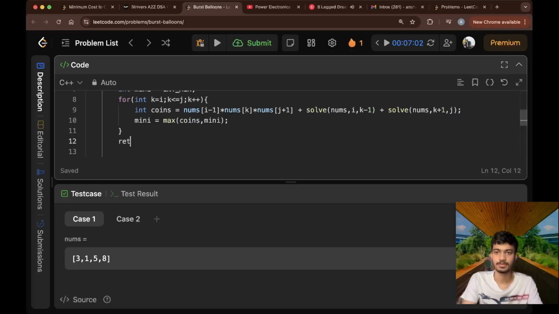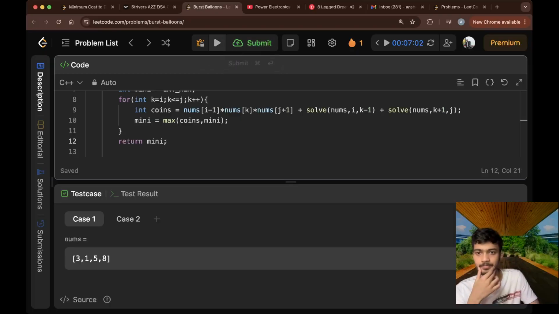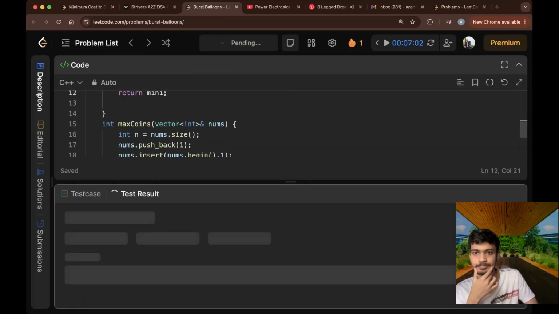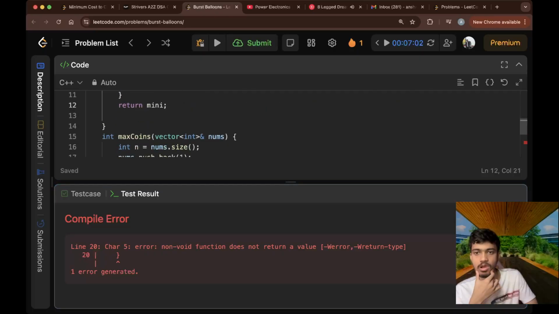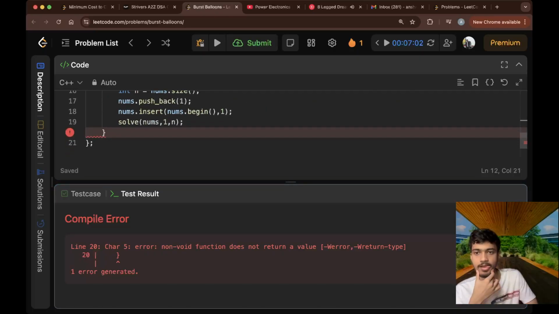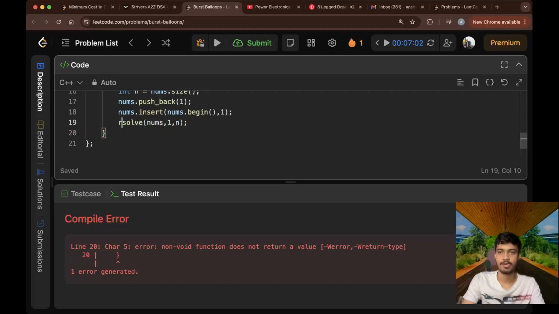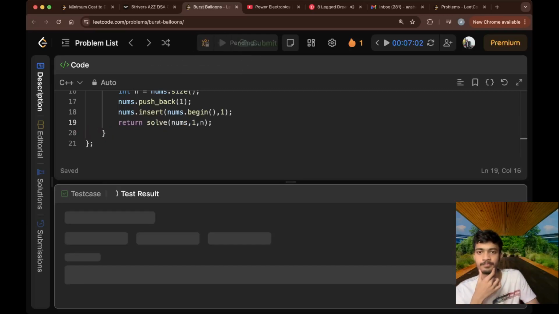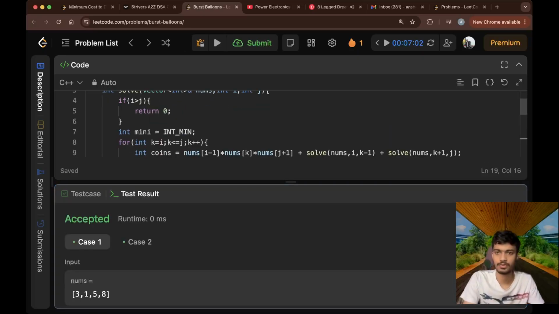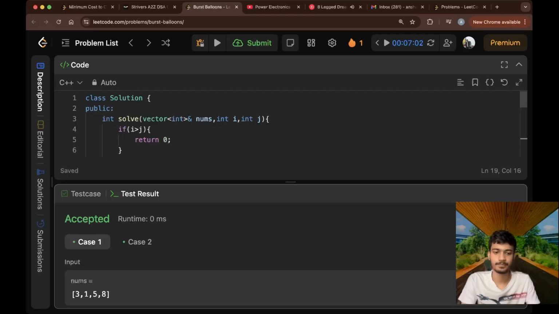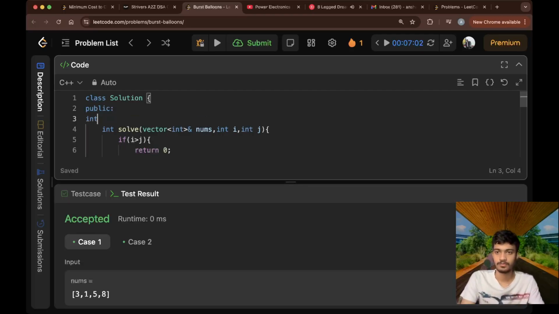Return mini. Okay. Now we are going to memoize it.